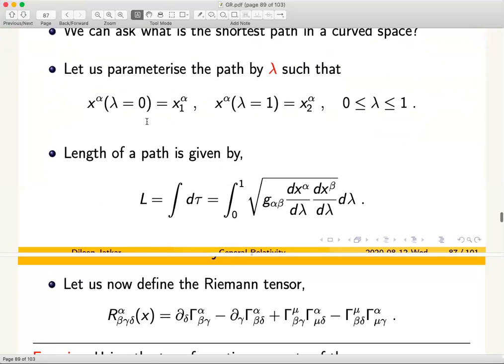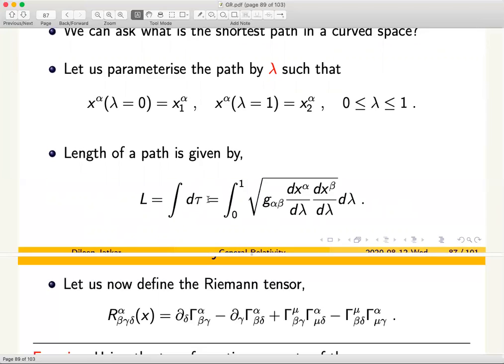Then you can define the length of the path to be just the integral of the proper time. Proper time is the one which evolves along the path, and you define the length of the path to be that integral. But you can convert this proper time using the fact that d tau squared is g alpha beta dx alpha dx beta.